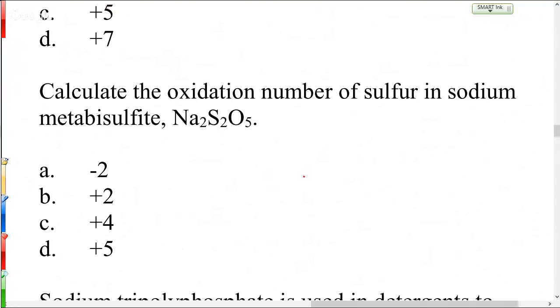What is the oxidation number of sulfur, or the oxidation state of sulfur? Remember, sulfur is not a metal, it doesn't have a charge. In fact, that's a polyatomic ion, S2O5, but we can still calculate an oxidation number. So see if you can do that.